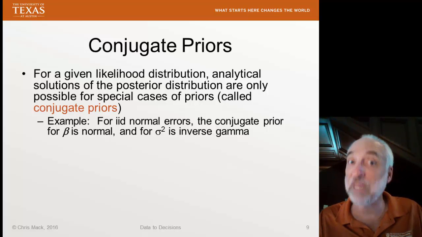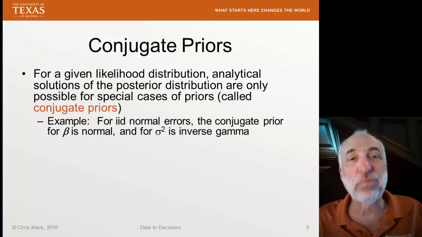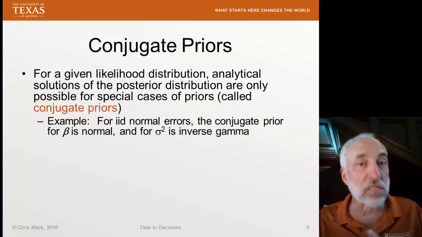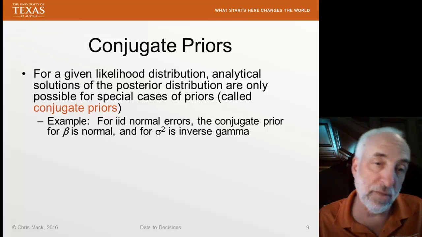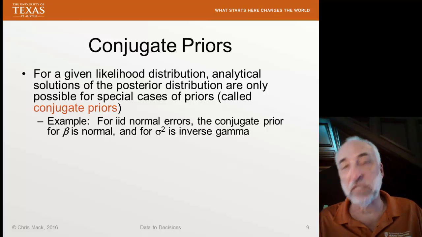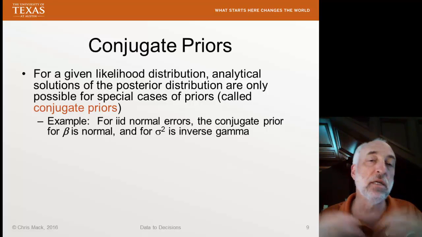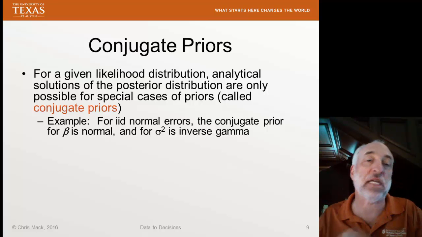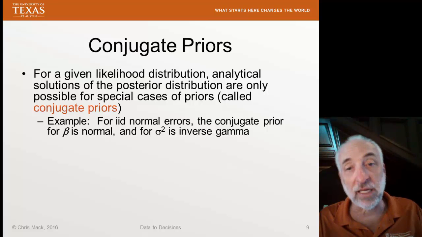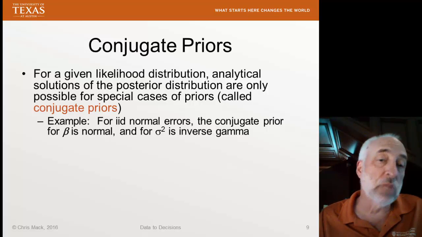In fact, there are only very few possible prior distributions that allow that. And those special cases are called conjugate priors. And for any given likelihood function, probability distribution, there will be a specific conjugate prior that will allow an analytical calculation of the posterior.